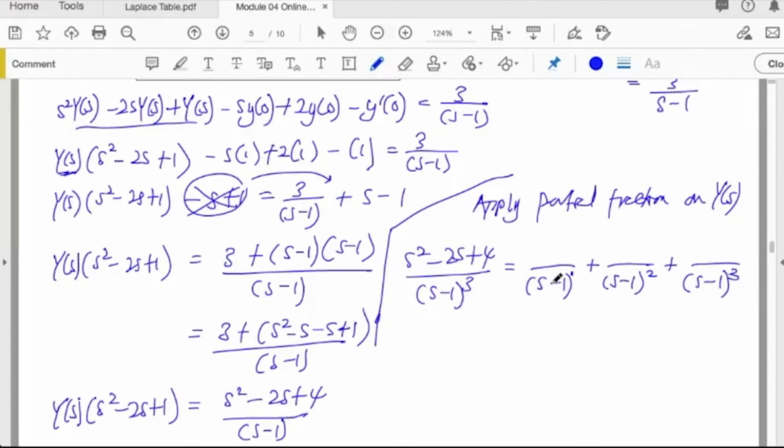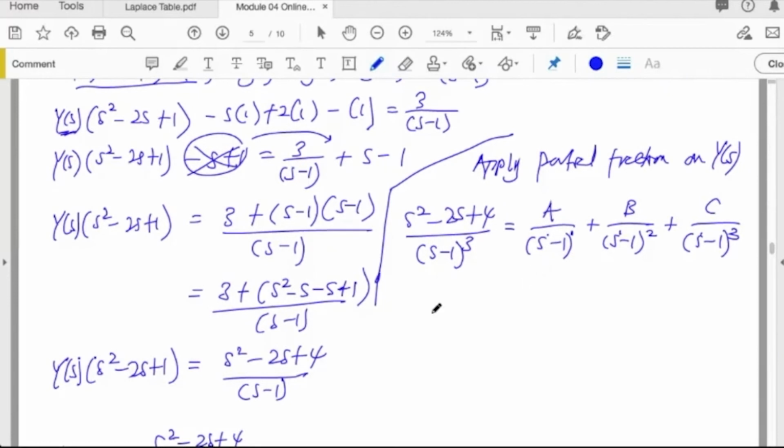So we can decompose (s minus 1) to the power of 3 into these three parts. You can refer to this in the partial fractions tables. The highest power in each numerator is 1, so we only have a single coefficient each: A, B and C.